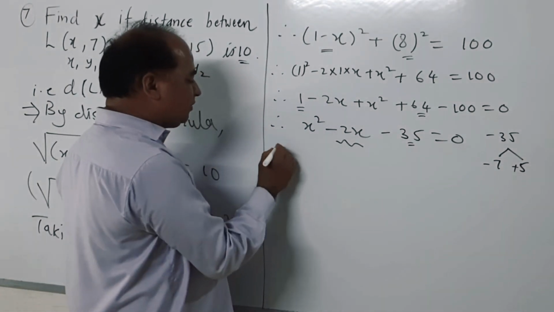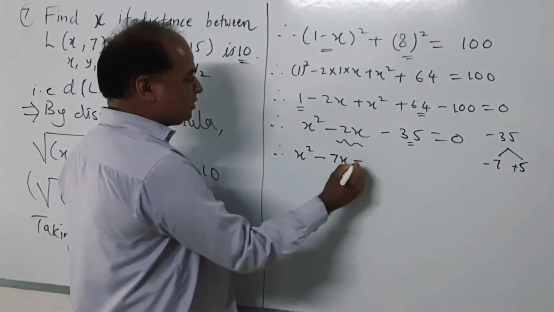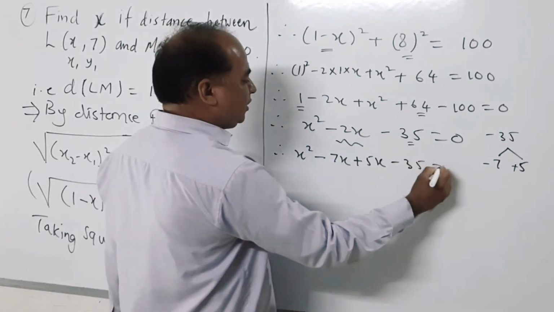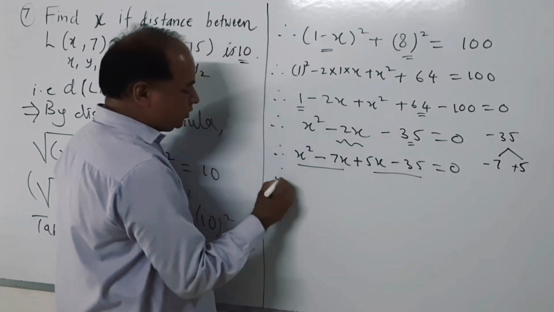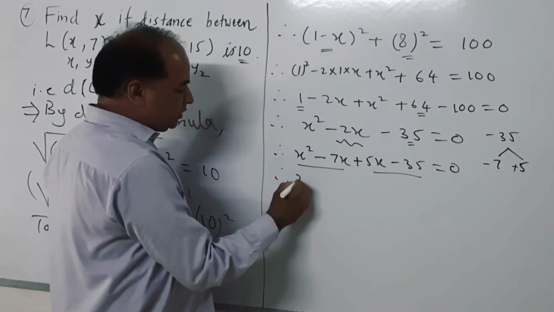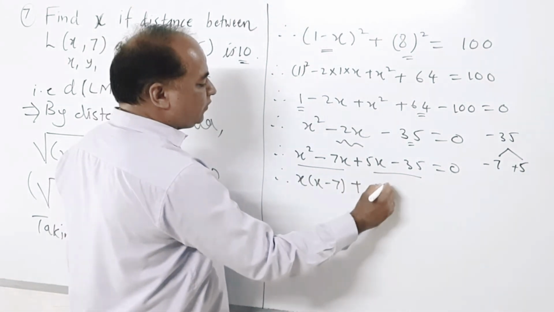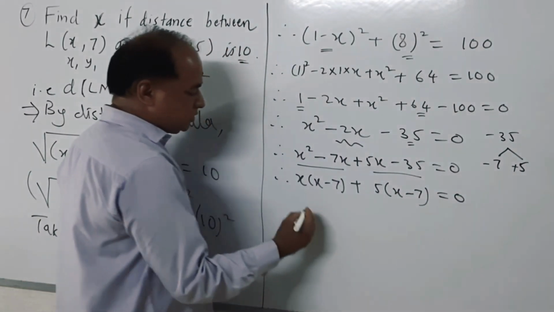So split the middle term. Therefore x square minus 7x plus 5x minus 35 is equal to 0. Making the group of two terms, take the common x minus 7 and plus 5 common from the 5 and 5 sevens are 35, is equal to 0.